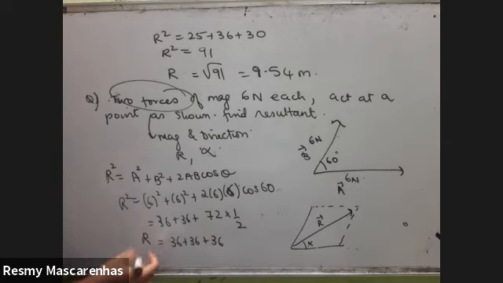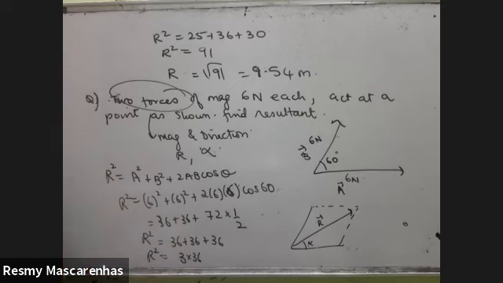Some of the teachers ask you to keep it in terms of root. So if your teacher is asking, then you can keep that much only. So this R square is 3 times 36. You can do it like this also, or you can use the long method, the 72 plus 36. But you know 36 is a perfect square, so while taking the square root, it will be easy.